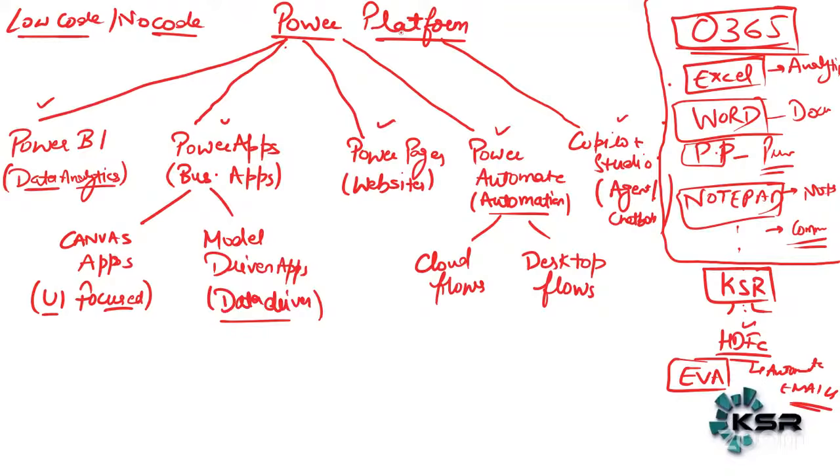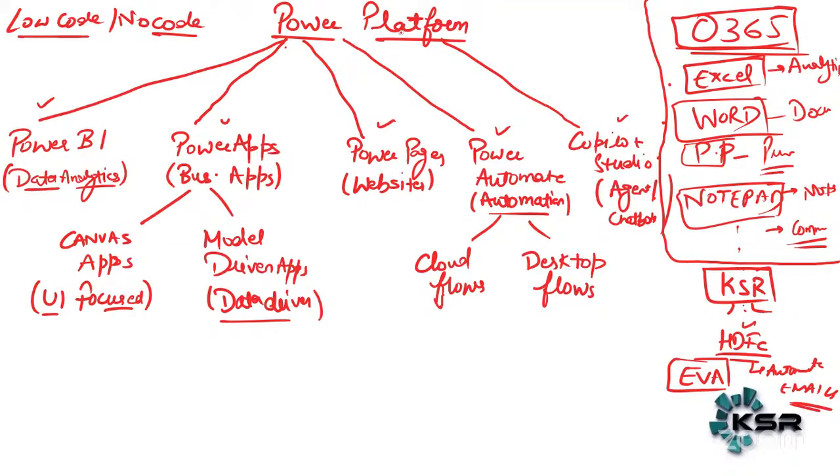Cloud flows, guys. When I say cloud, can you tell me some cloud providers? Azure, GCP, AWS. These are cloud providers. I would say cloud solutions. Let me change the question.